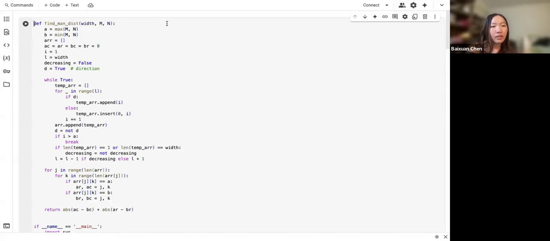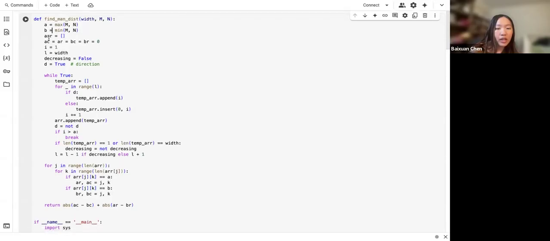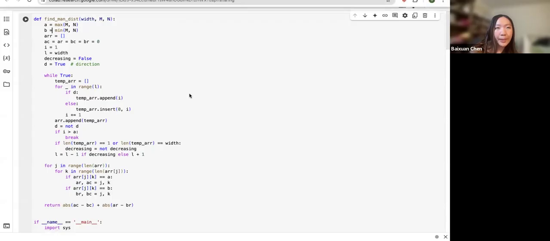Basically, first you want to find which one is bigger and which one is smaller, so that you know both the numbers that you want to look for. And then I made an array and I simulated adding all the sinusoidal numbers onto the array. So I had a 2D array because for this, you want to know both the vertical and horizontal distances.